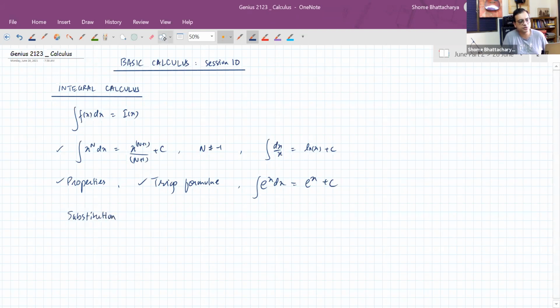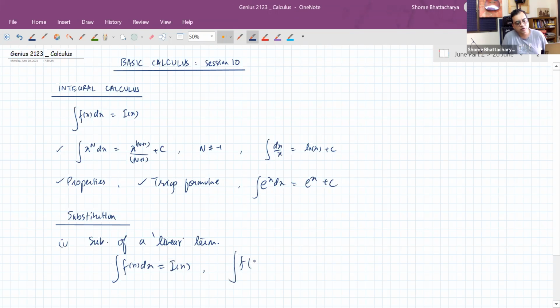The basic type of substitution we had seen is when we have a linear term. The idea was this, that if we know integration of f(x) is this, then integration of f of a linear term becomes 1 upon a times the indefinite integral of that linear term.